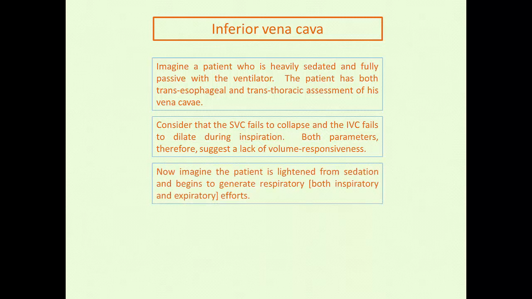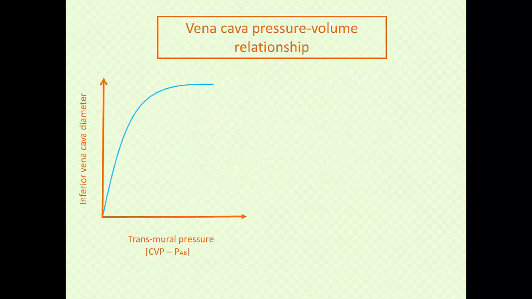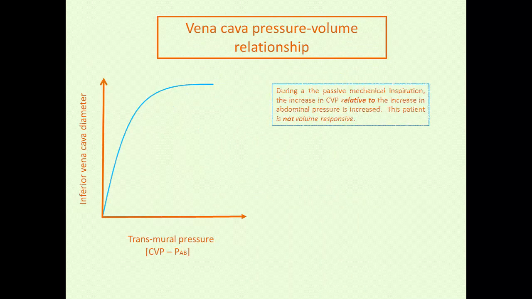Now imagine the patient is lightened from sedation and begins to generate respiratory efforts, both inspiratory and expiratory. So now consider the vena cava pressure-volume relationship. During the passive mechanical inspiration, the increase in CVP relative to the increase in the abdominal pressure is increased.